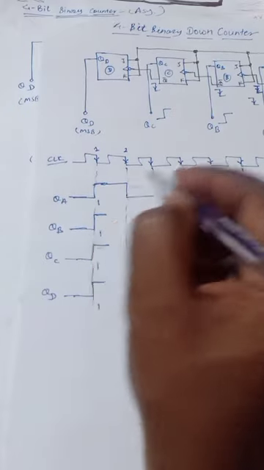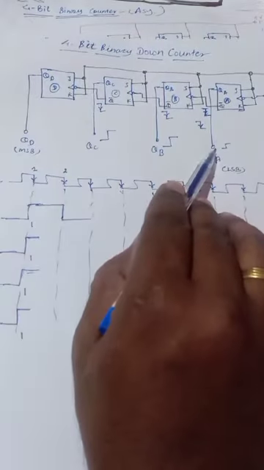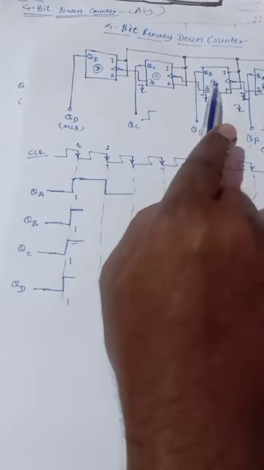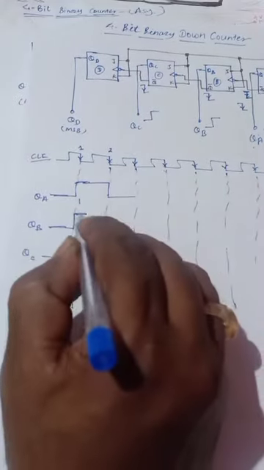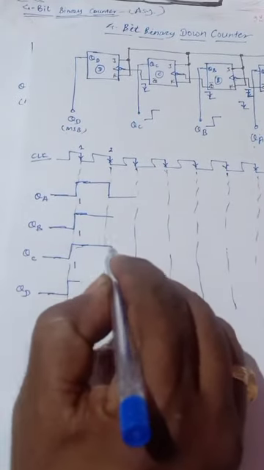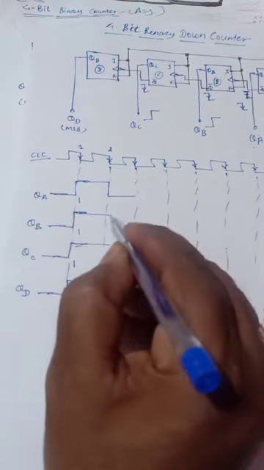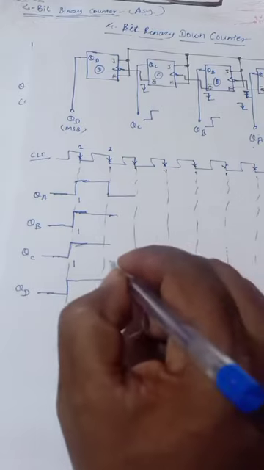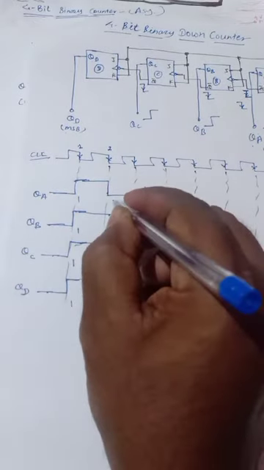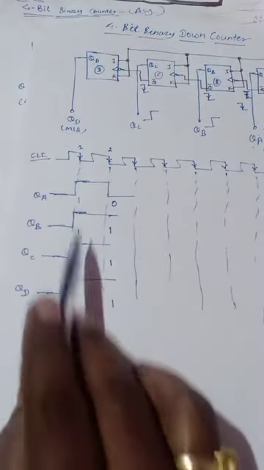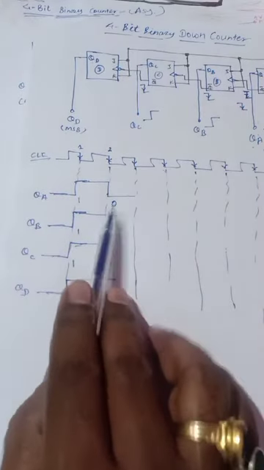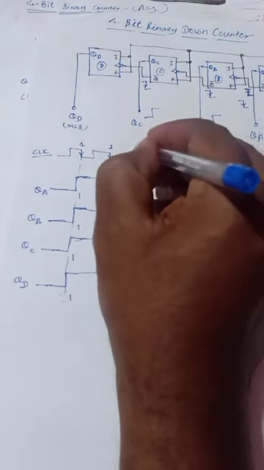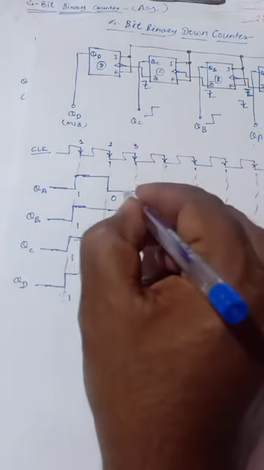As this is a negative change, the Q bar is a positive change, so that's why it is not toggled, it remains the same. Let us see what happens. So the output becomes 1 1 1 0, that means it is equivalent to 14 from 15, decreased by one step.